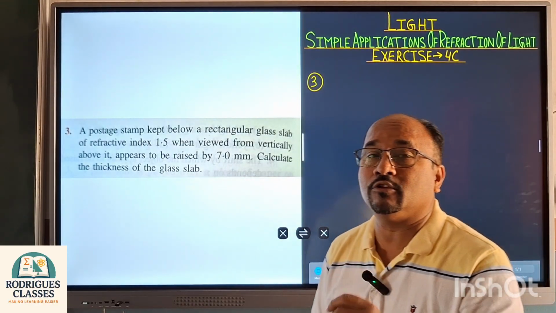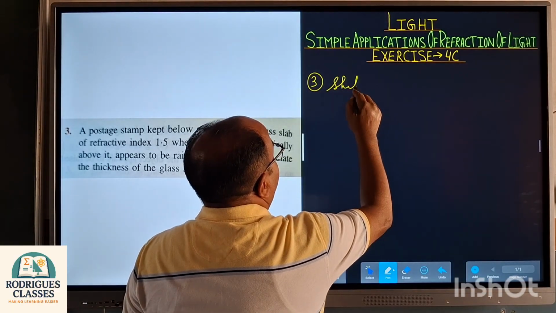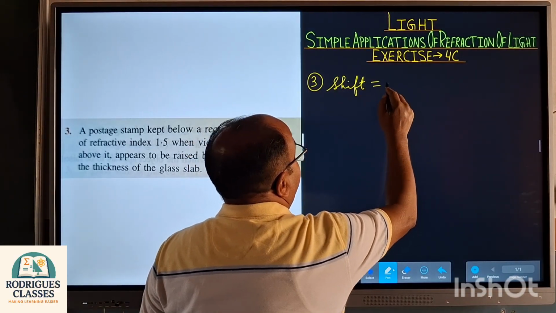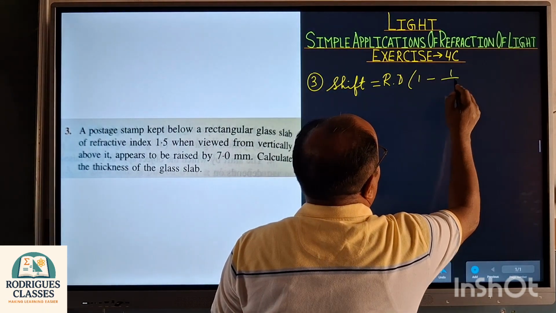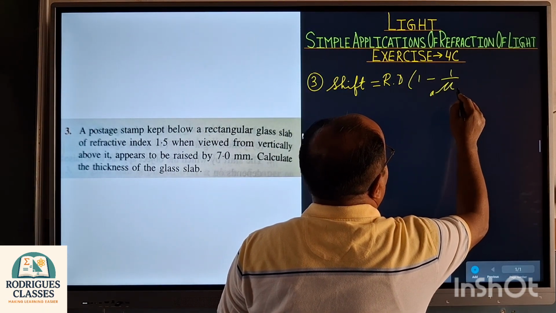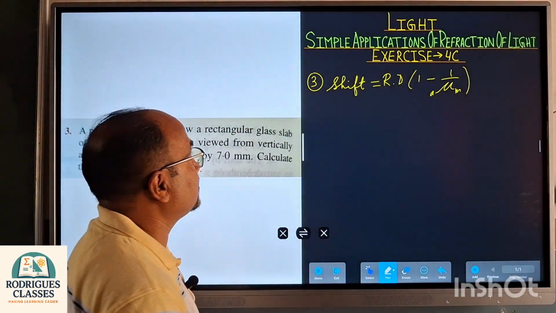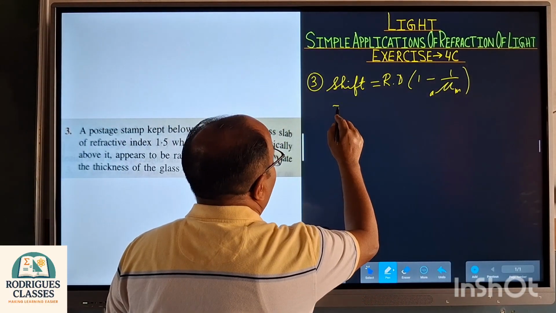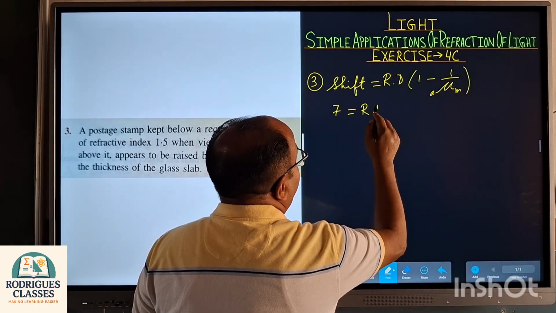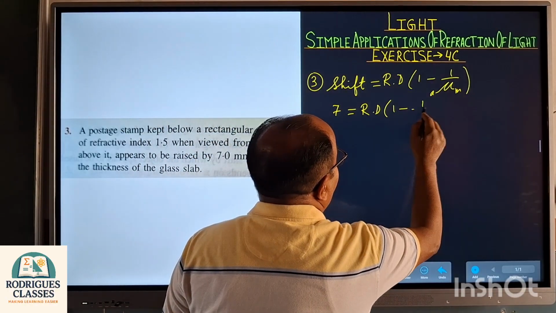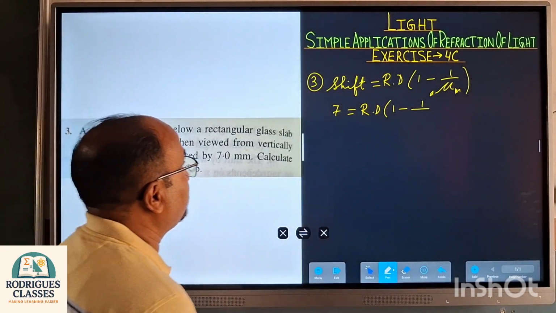So I will be making use of the shift formula. So shift is real depth into 1 minus 1 by the refractive index of the medium. Here the refractive index is of the glass slab. So the shift is given to me as 7 millimeter. Real depth we have to calculate, 1 minus 1 by refractive index is given as 1.5.